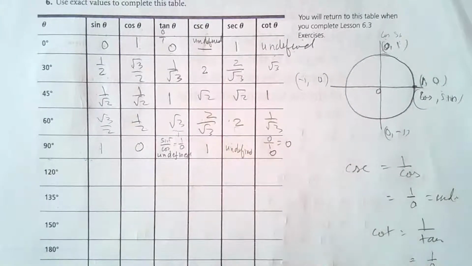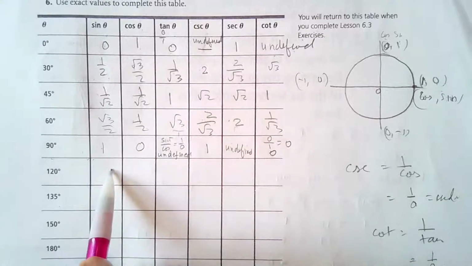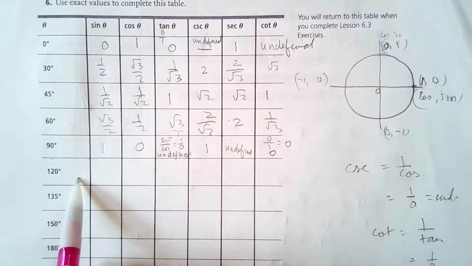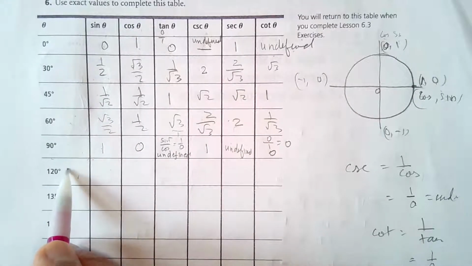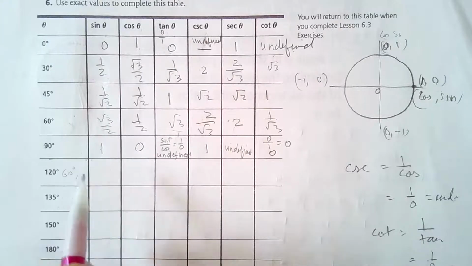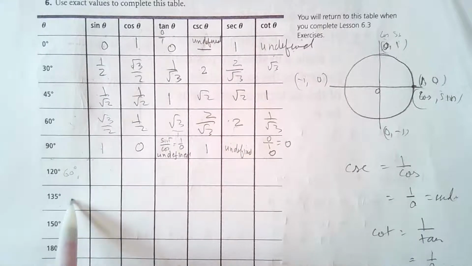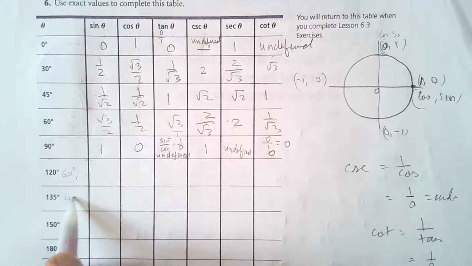Now, the rest, you're going to see the pattern continues. 120 degrees will be the same as 60 degrees, right? Okay, the reference would be 60 degrees here. 135 degrees, the reference would be same as 45 degrees.